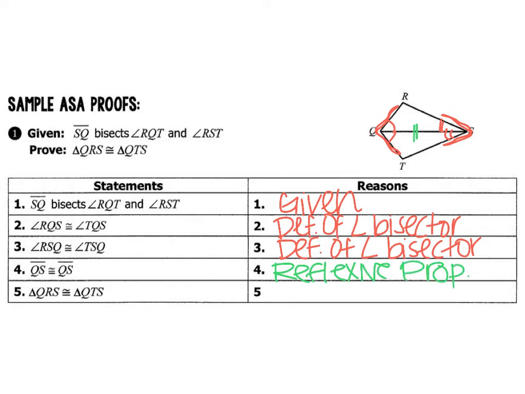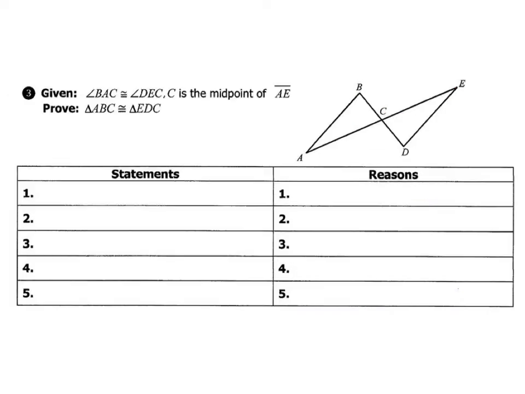Then we can say that triangle QRS, this triangle up here, is congruent to triangle QTS, this triangle right here, because we have an angle, and the included side. We have an angle, and the included side. So by angle, side, angle, these two triangles are congruent. So our reason for statement number 5 is angle, side, angle.